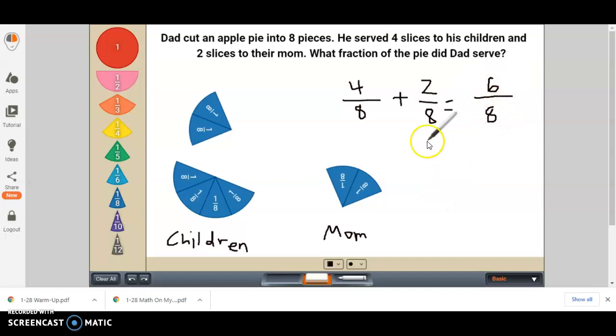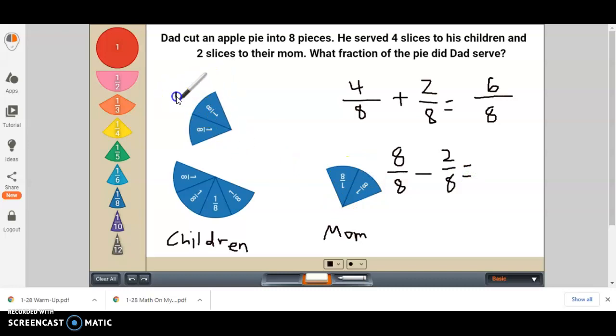Now, the other way to think about this is, how much did we start off with? How many pieces do we start out with? We started out with 8/8. We start off with a whole pie. And if we still have 2/8 left over, right?